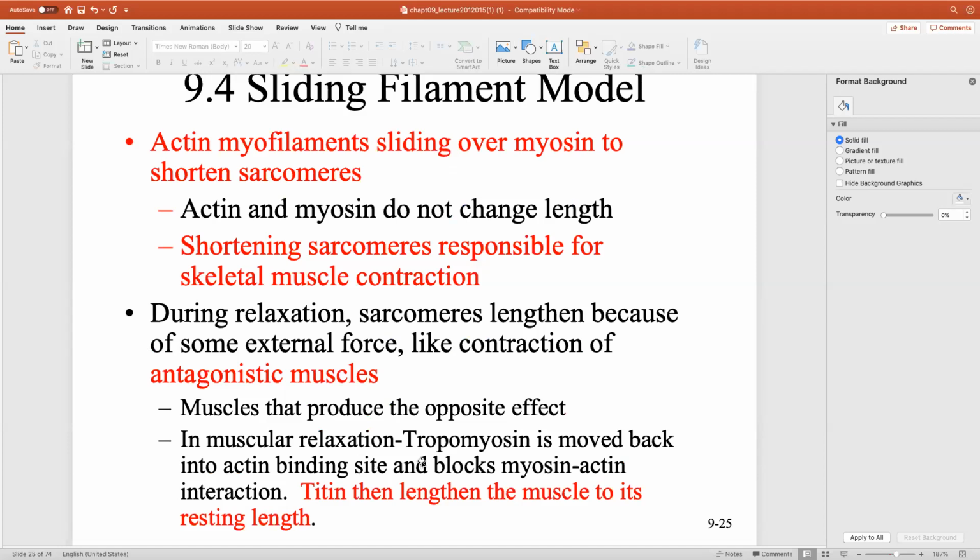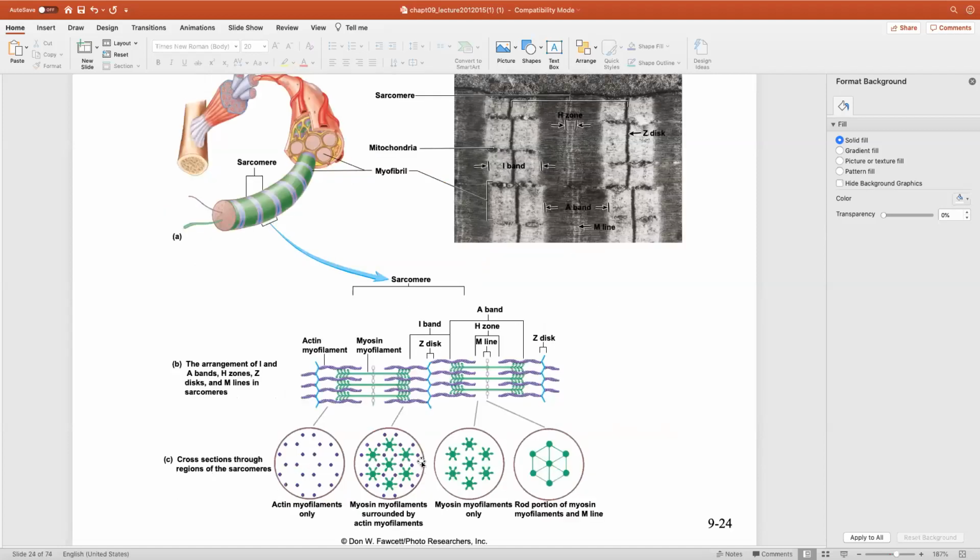Right. Here's that look, right here, of just actin. So here's a myofibril. And what we're looking at, right, is just one myofibril in one area of the sarcomere. So this is one sarcomere right here. What we're doing is taking a cut of it and looking only at actin.